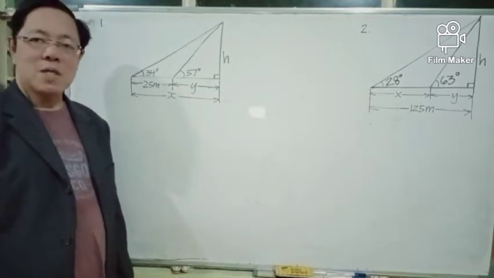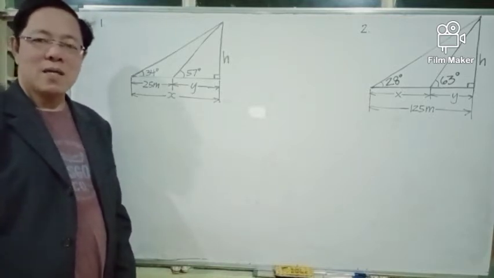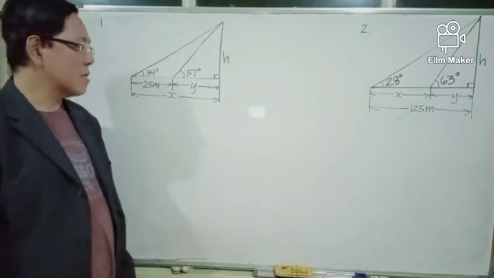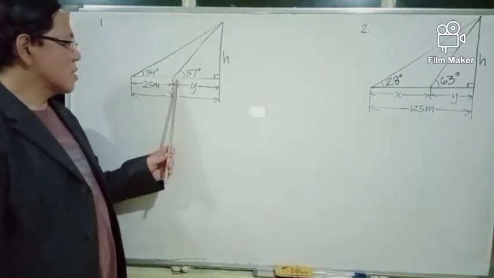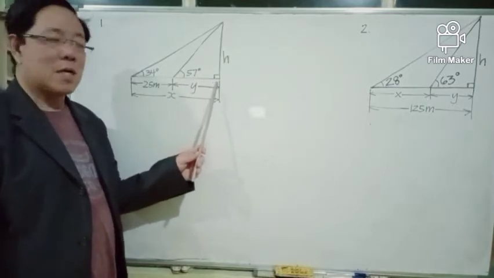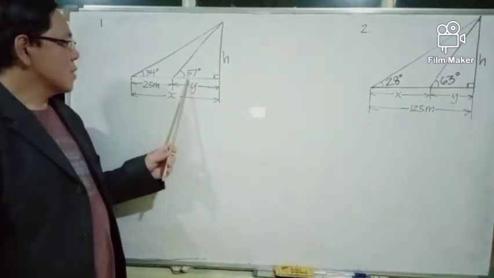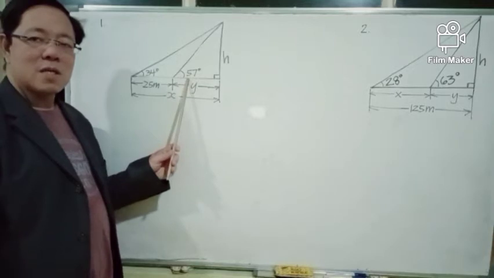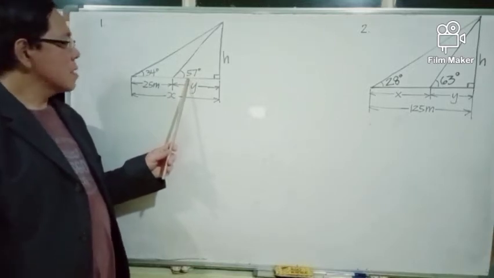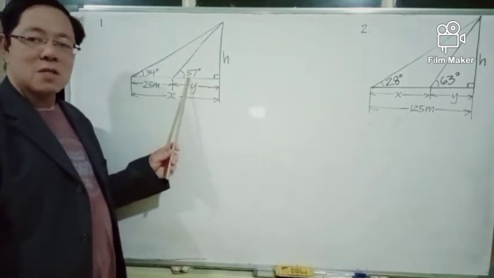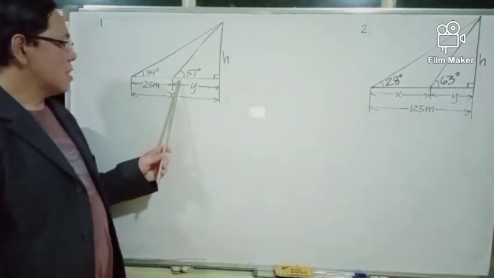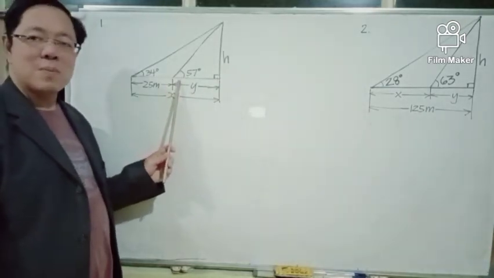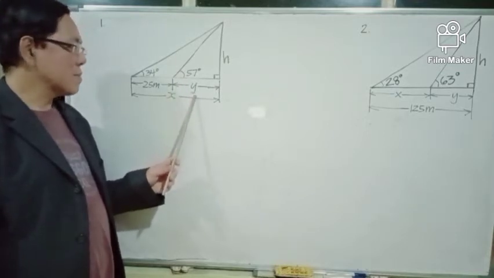Now, using the given and a trigonometric function, we will find the values of x, y, and h. We start with the smaller right triangle. We have 57 degrees given acute angle, and the side opposite this acute angle is h, and adjacent to 57 degrees is y.